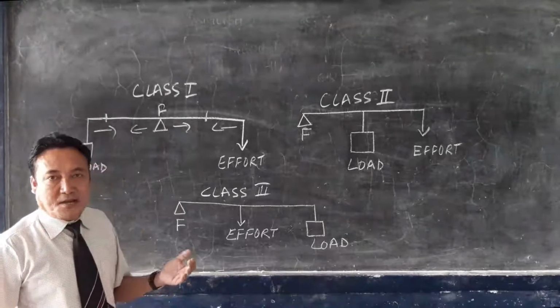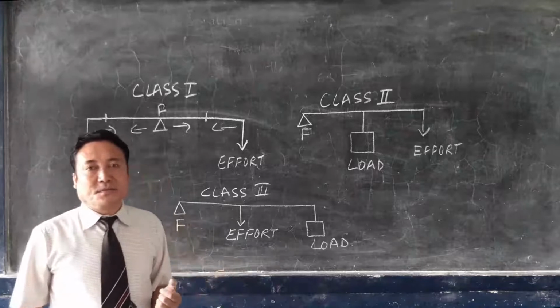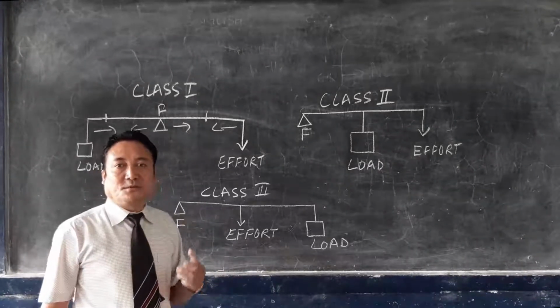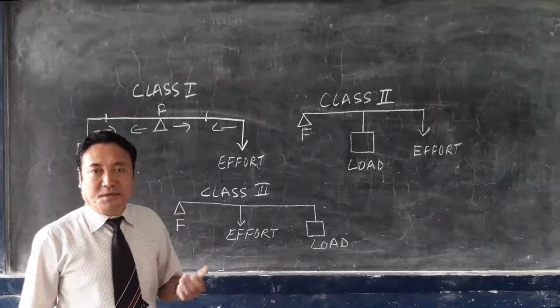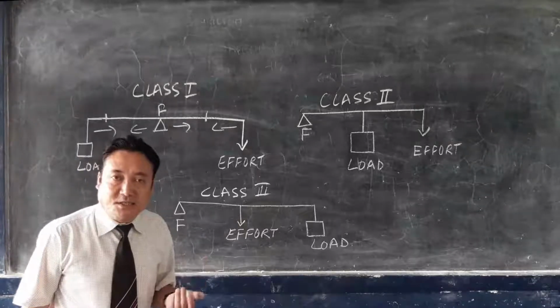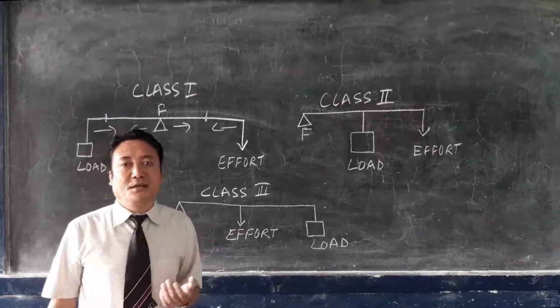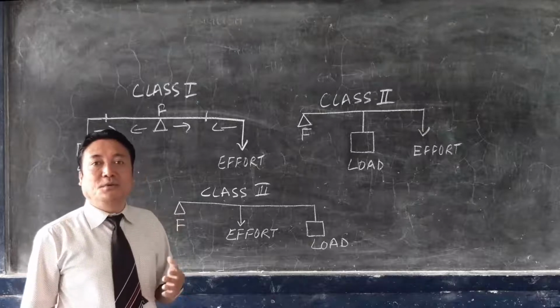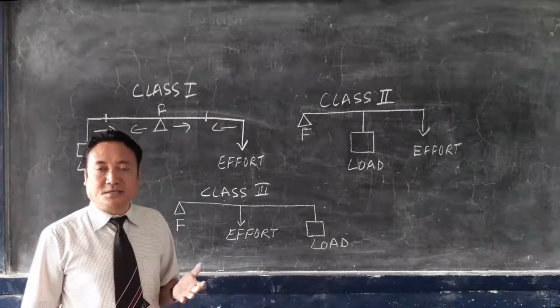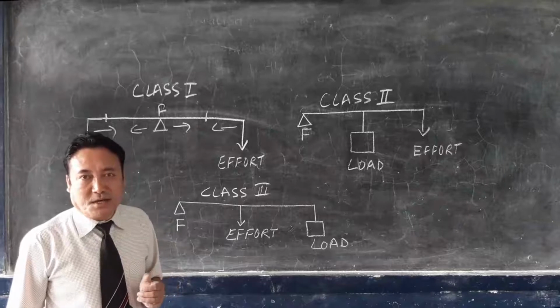Just now we discussed the crowbar, a long rod used to lift a load. Even a seesaw, which you will find in a children's park where small children play, is also a class 1 lever.